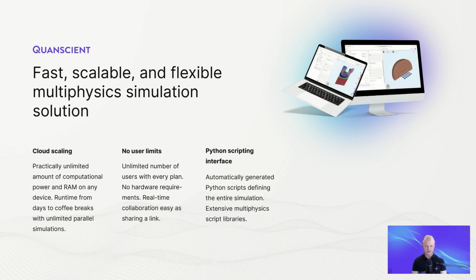Now, one thing that our users like quite a lot is the Python scripting interface. So there is an automatically generated Python script that defines the entire simulation. Whether you want to add some physics our GUI doesn't support, you can do it right there, or if you want to tweak anything, it is in a very readable form. So if you're in any way competent with Python, you can basically do anything you want, and everything is fully customizable, again directly in the GUI.